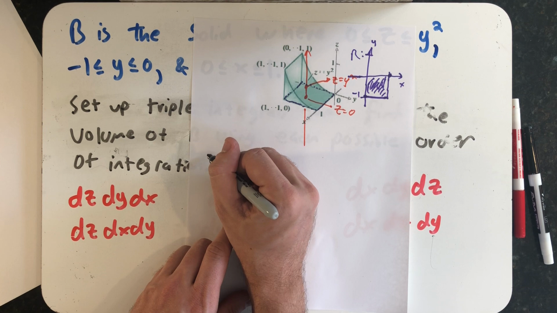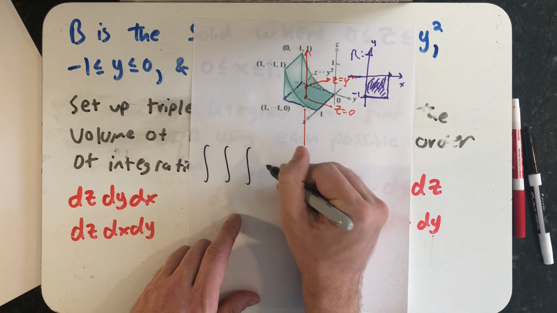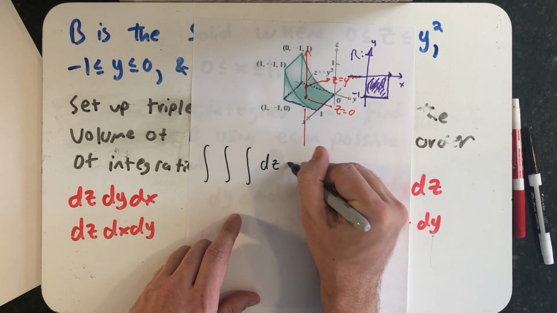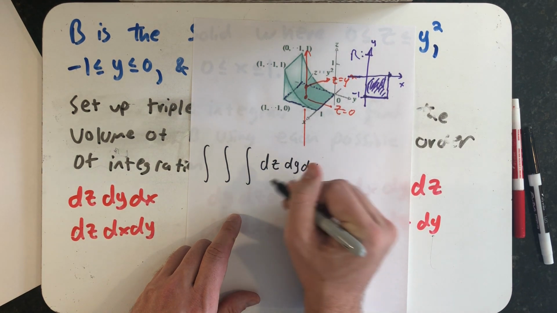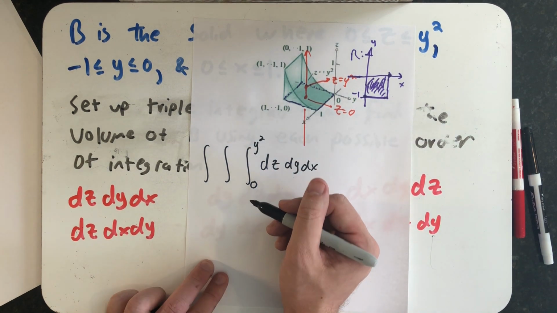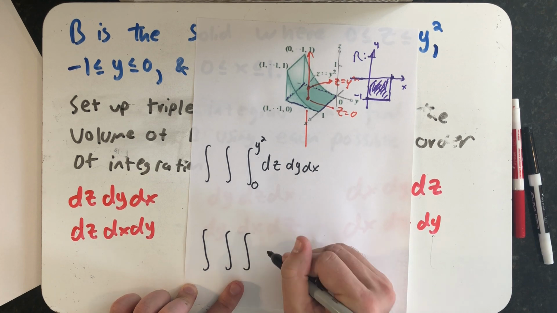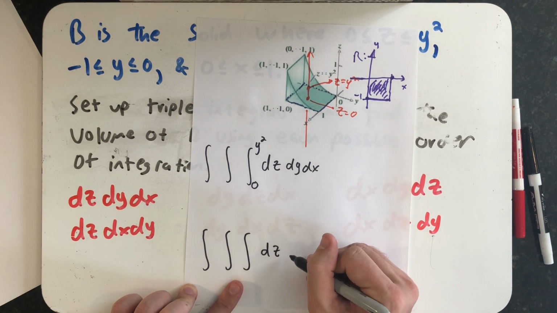And so integrating with respect to z first, I now know bounds in the z direction. And since I've only drawn that ray, I've really gotten the first step on the first two orders of integration.